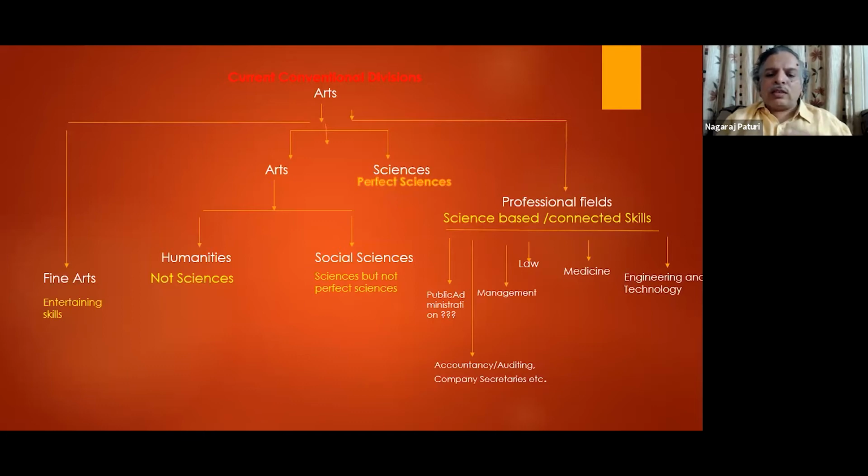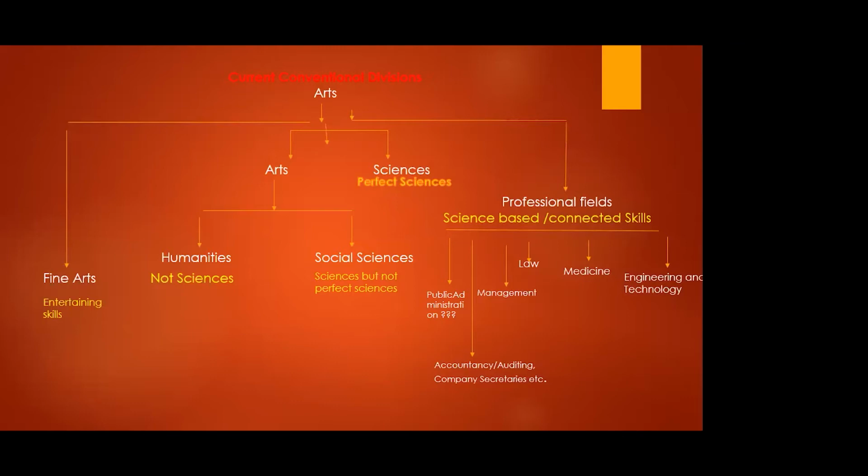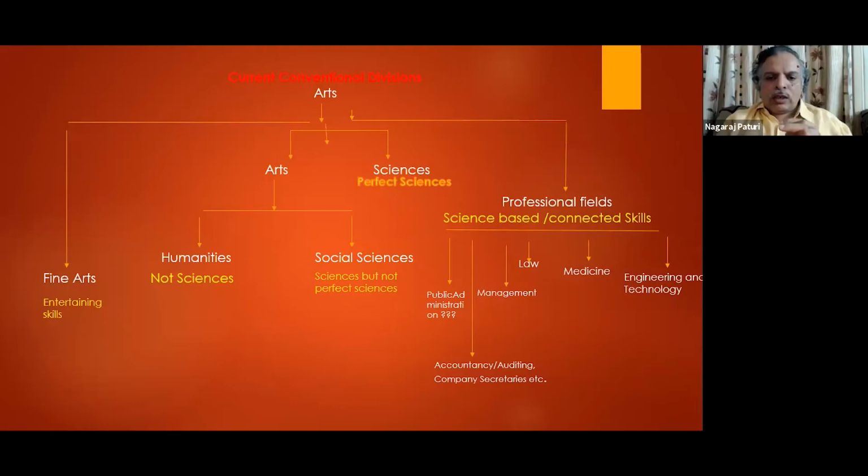You have social sciences, which we have seen earlier, economics, political science, all these disciplines, which are nowadays being called social sciences, where by adding that prefix social, you are saying that they are sciences, but not sciences. They are somewhat sciences, somewhat not sciences. They are not as perfect sciences as physics, chemistry, botany, zoology, etc. So you have the midway sciences like social sciences, which are today in some colleges called arts.